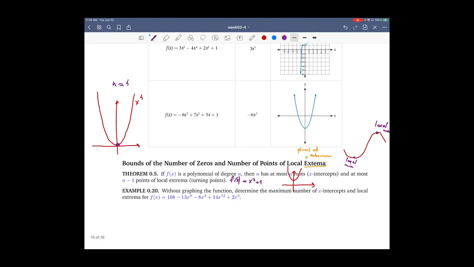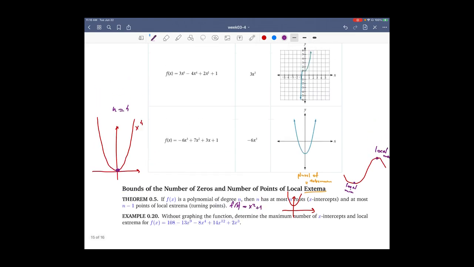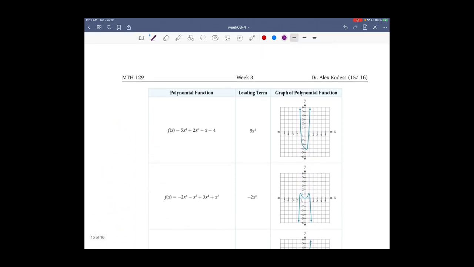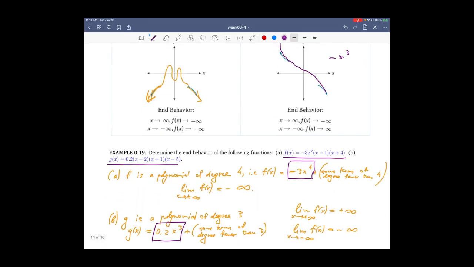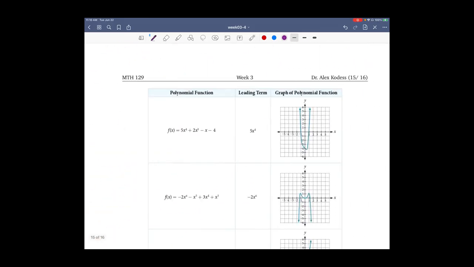All right. Let us briefly look at the graphs on this page. So the polynomial here is of degree 5, leading term is 5x to the power 4.